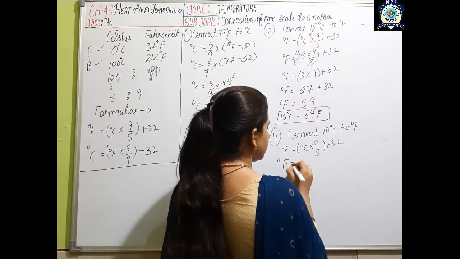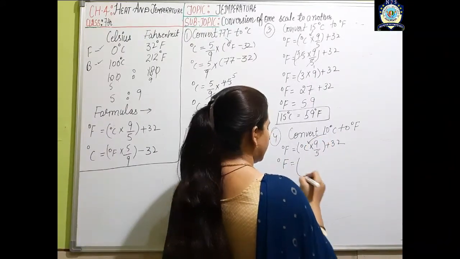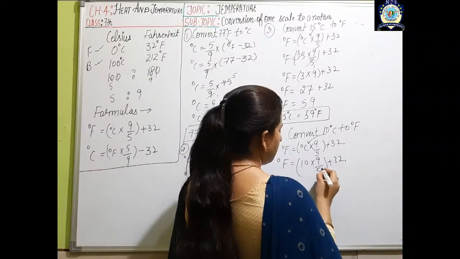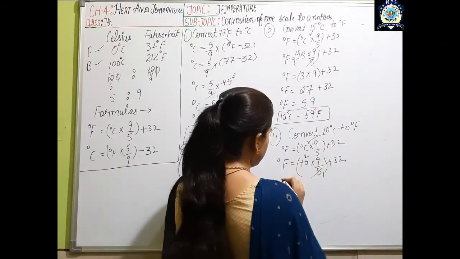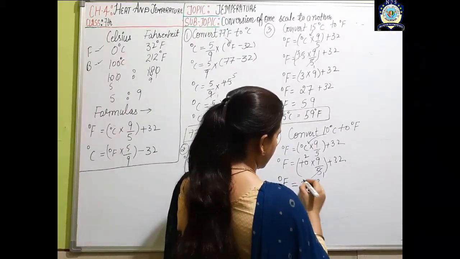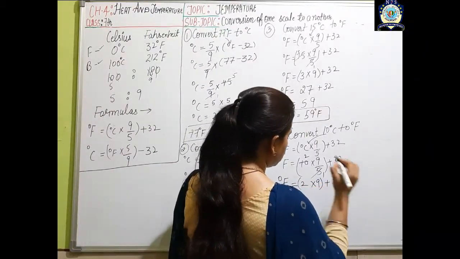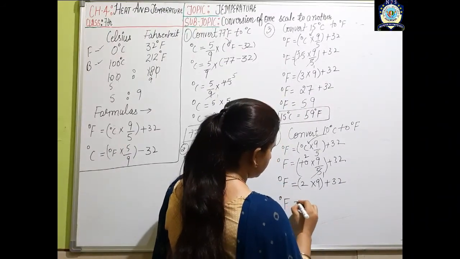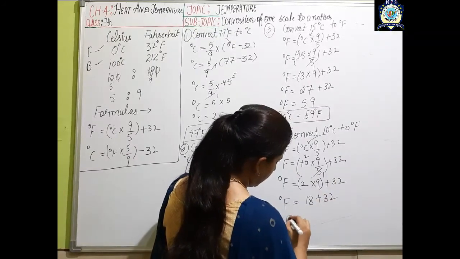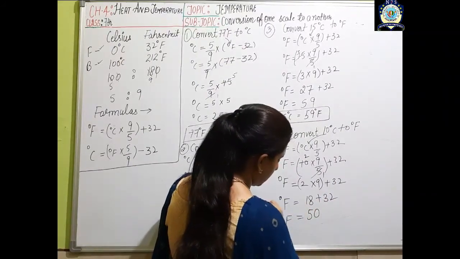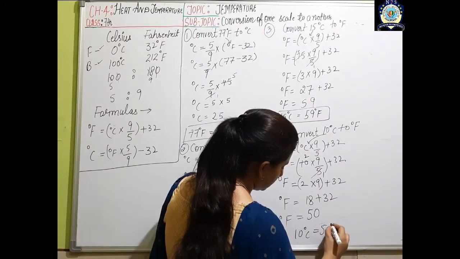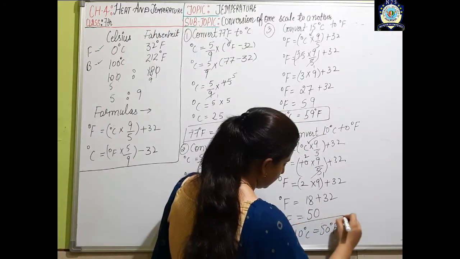Degree Fahrenheit is equal to, we will put the value here, that is 10 multiplied by 9 by 5 plus 32. 5 1s are 5, 5 2s are 10. Degree Fahrenheit is equal to 2 multiplied by 9 plus 32, and 2 9s are 18 plus 32, so degree Fahrenheit is equal to 50. So 10 degrees Celsius is equal to 50 degree Fahrenheit.